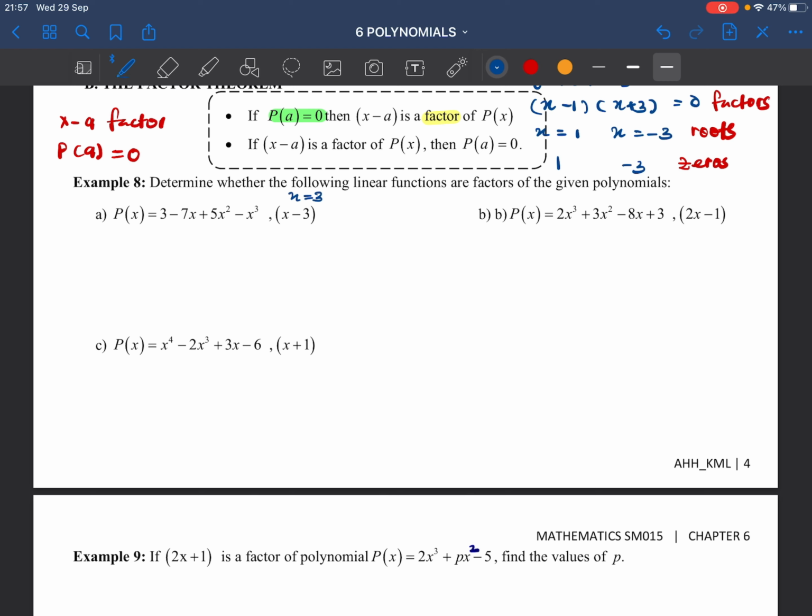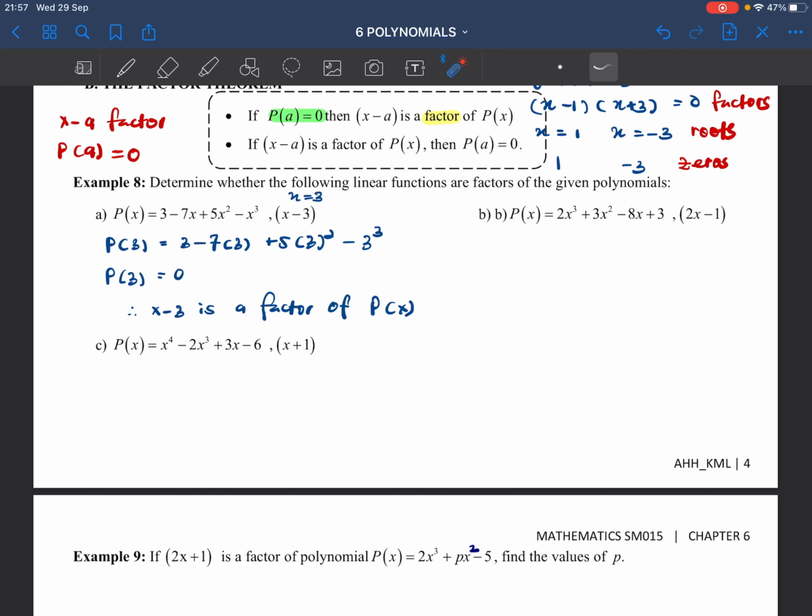If your answer is 0, then x minus 3 is a factor. So let's see. P(3) is equals to 3 minus 7(3) plus 5(3) squared minus 3 cubed. Okay, dapat 0 ke tidak? Cuba kira. Supposedly akan dapat 0 lah. And then you can make your conclusion that x minus 3 is a factor of P(x).